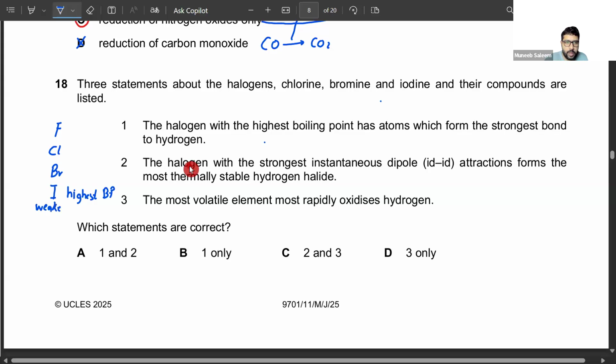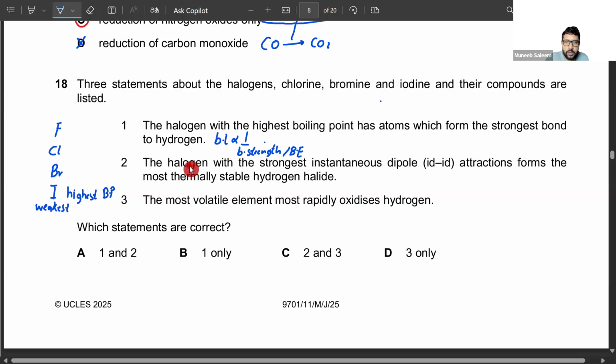Because of the increased size of the element, the bond length becomes longer and the bond strength becomes weaker. That's an inverse relation. Bond length is inversely proportional to bond strength or bond energy.